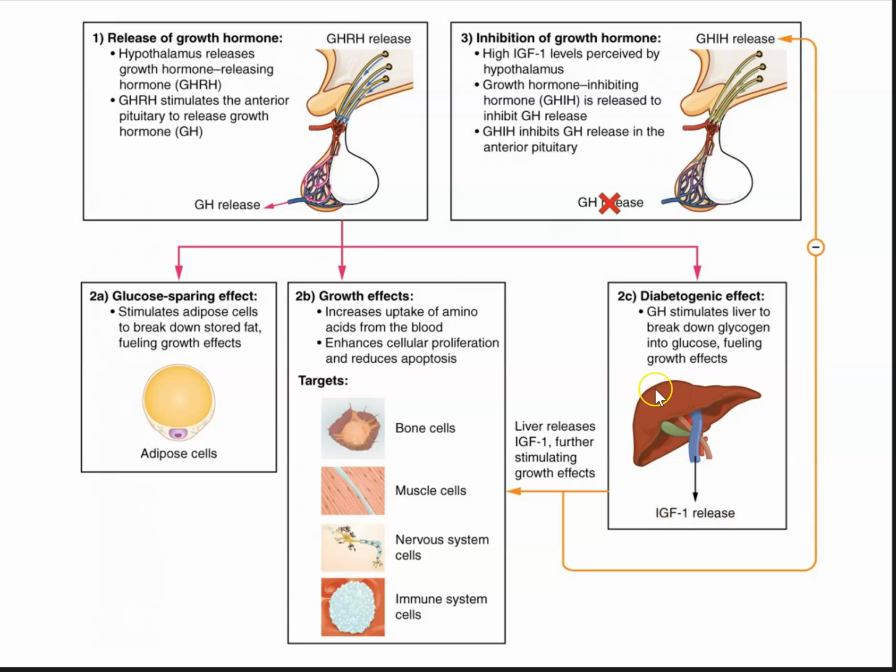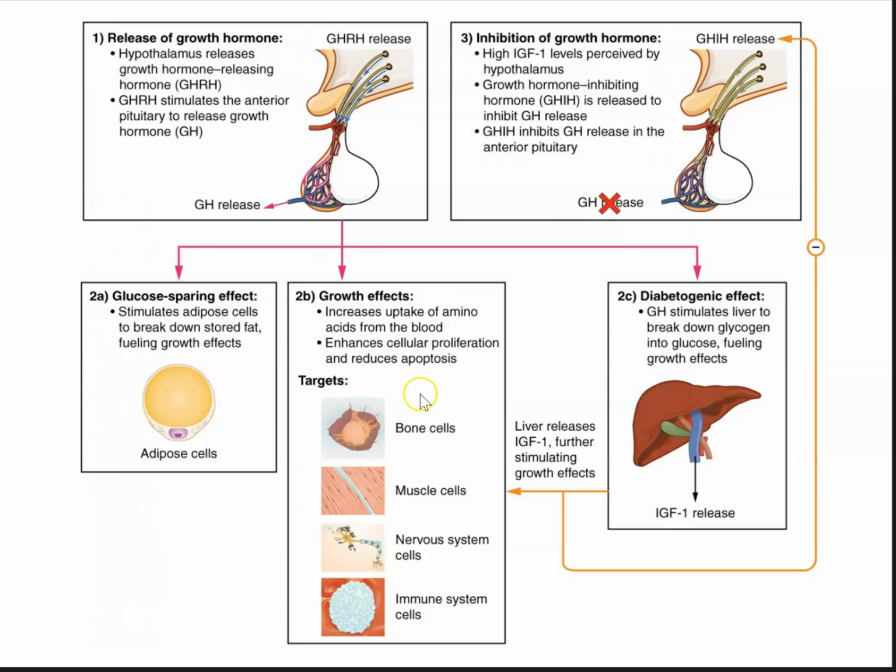This increased blood glucose in turn stimulates several cells in the liver and other parts of the body to release IGF, which is insulin-like growth factors. These IGFs stimulate bone cells, muscle cells, nerve cells, immune cells, anything involved in growth and development. So this enhances cell proliferation. The cells divide and we grow tall and we grow big.